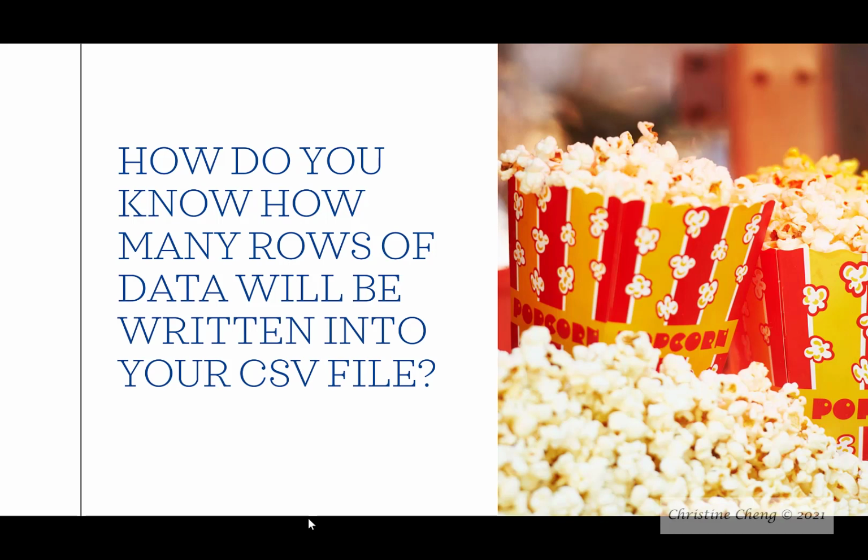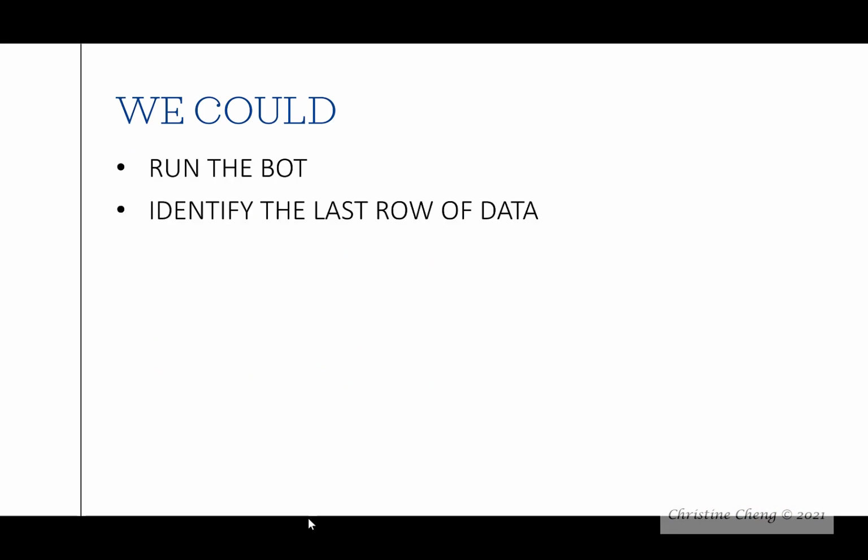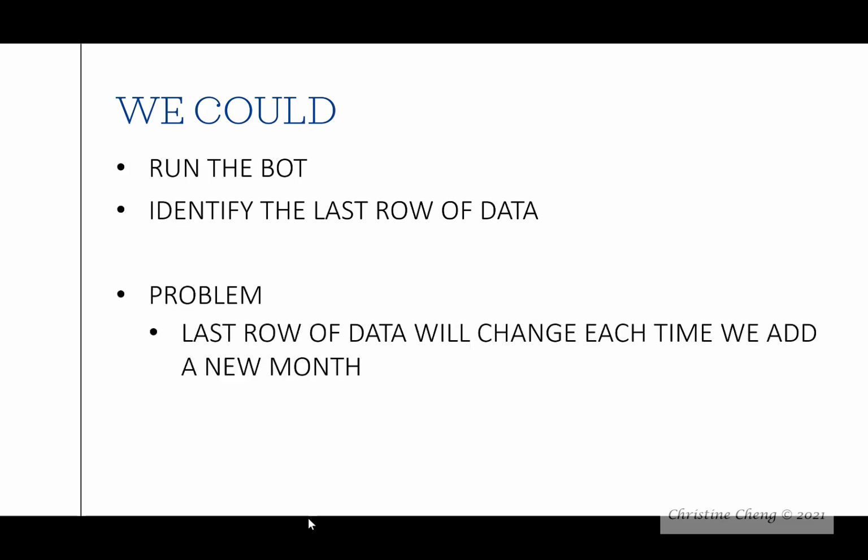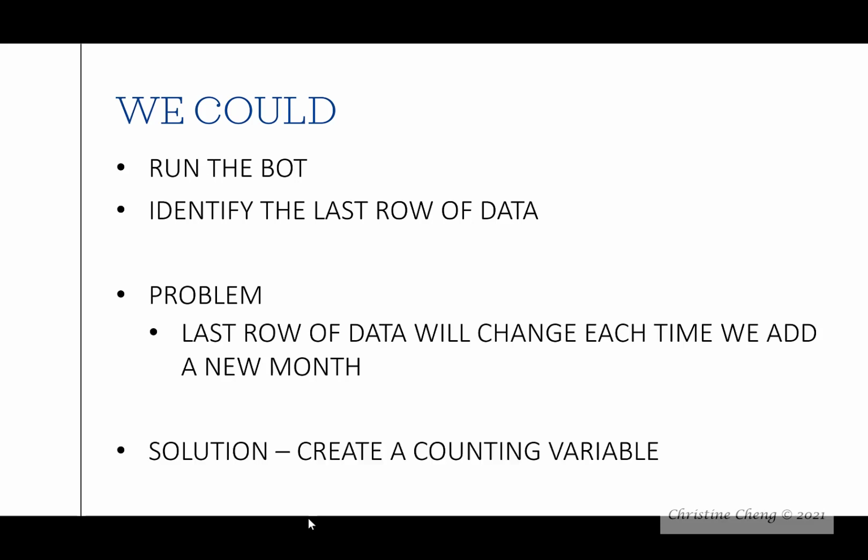To see how many rows are written into our CSV file, we could run the bot and see how many rows are written into our CSV file. But this is inefficient because the last row of data will change each time we add a new month. Instead, we can use a count variable to determine the ending point of our data.